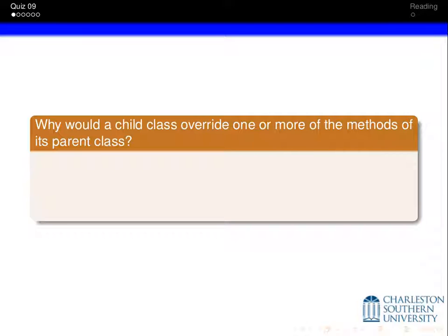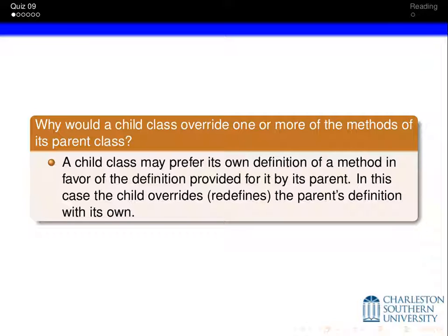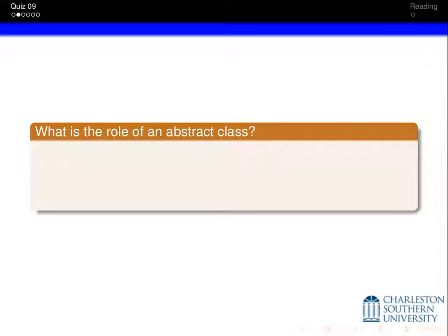With shape, you don't really know what the area is, but it's going to be different for a rectangle, a circle, and a right triangle. So the class is going to prefer its own definition of a method in favor of a definition provided by its parent. It overrides or redefines the parent's definition with its own. It's basically changing the behavior to its own behavior.